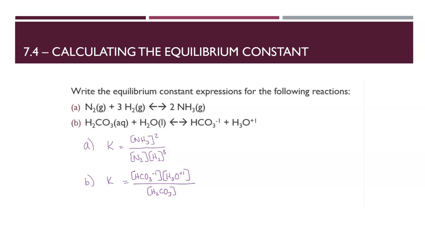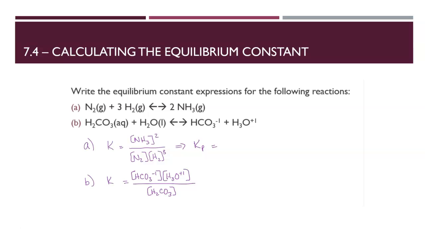We do not include pure liquids or pure solids in our equilibrium expression, so we're not going to include water. Now, for the first one, for A, since these are all gases, it would very likely be, although it doesn't specify in the question, that we would be looking at pressure, so Kp.